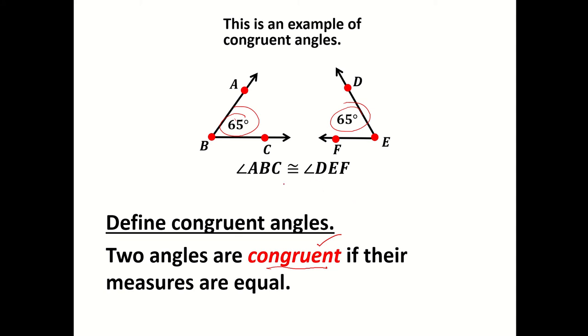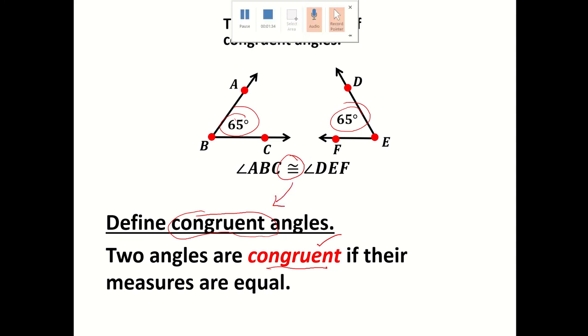So there is a symbol for the word congruent, and this is our symbol. It looks like an equal sign, and there's an additional symbol on top. So that's already a symbol for congruency or congruent.